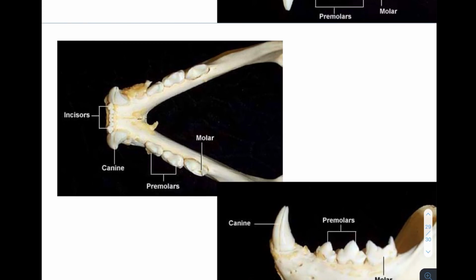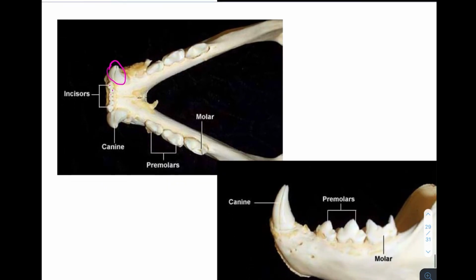The lower jaw dentition is a little different. We still have those 3 incisors. We've got that canine right there. But in the back, what we notice is that we've got 2 premolars and 1 larger molar.